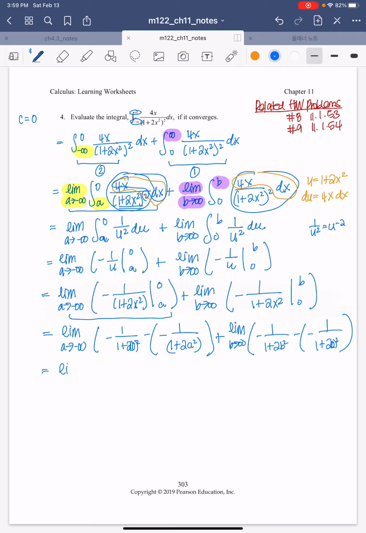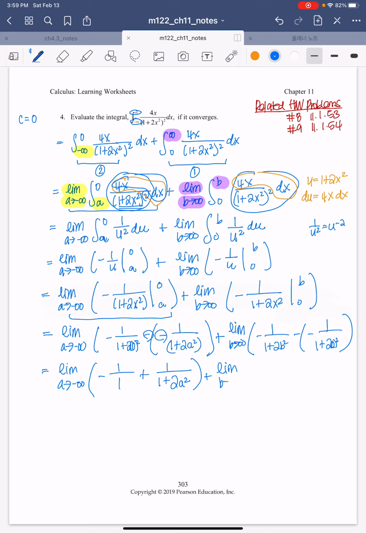Okay, let's simplify. I'm going to get negative 1 over 1, and then, because negative times negative is a positive, plus 1 over 1 plus 2a squared.